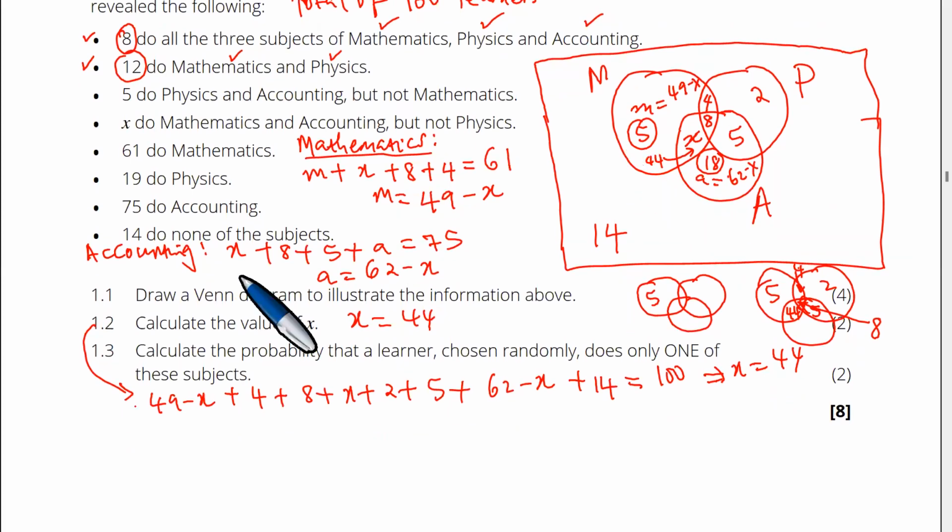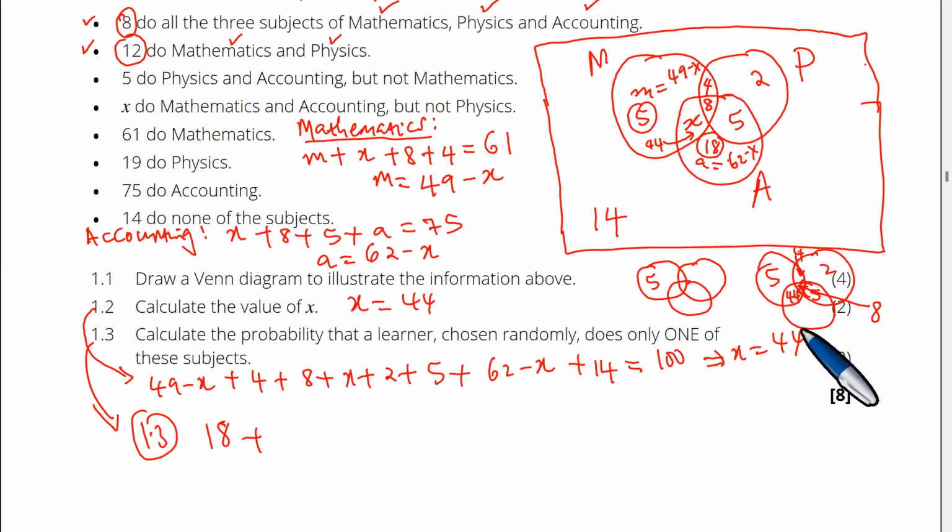So in 1.3, the answer will be written like this. You'd have 18 for accounting only, and then you add the other ones: 2 for physics only, and then 5 for mathematics only.